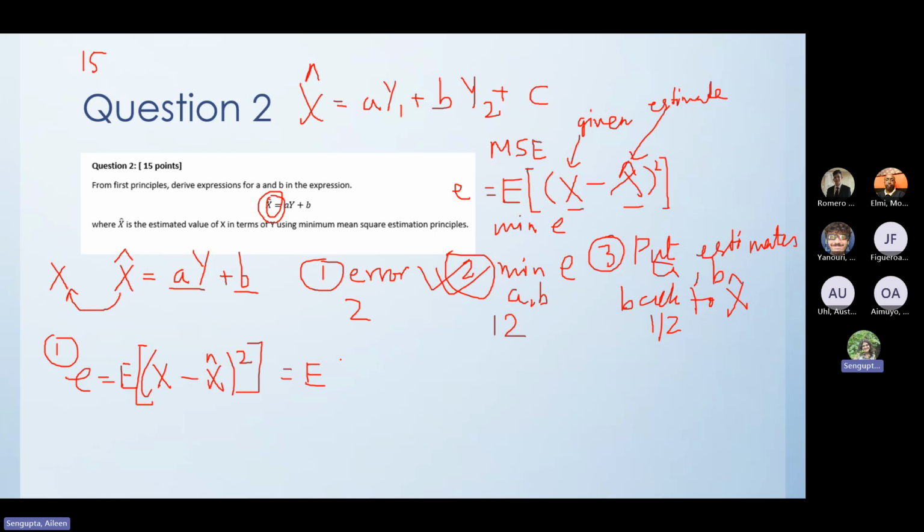It looks like the error signal, expected value, open brackets, X is the original signal, and we are trying to subtract x hat. So x hat is ay plus b. So it looks like this. This is the entire first part of the equation. If you take this correctly, it's done.